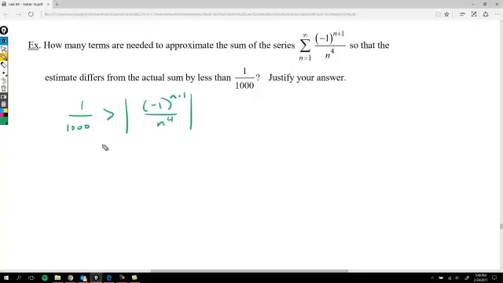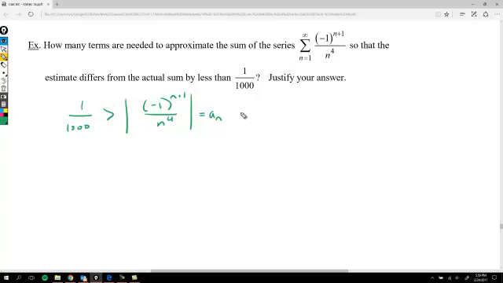What I set up here is an inequality. This is a sub n, and I just need to solve for n. I need to figure out which term gives me a value less than 1/1000th, because then that term will be my error term, the next term.